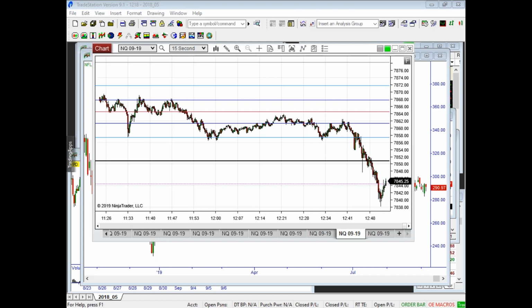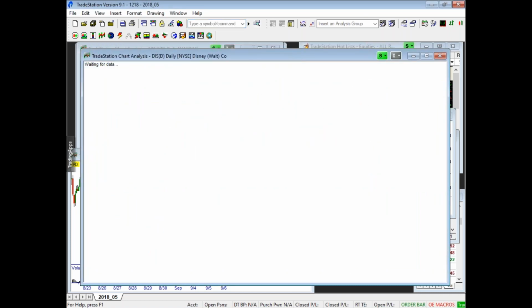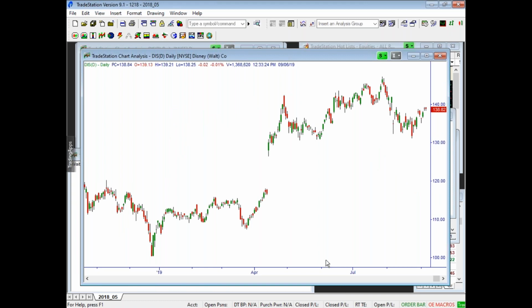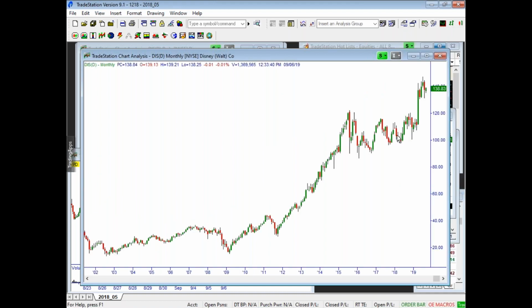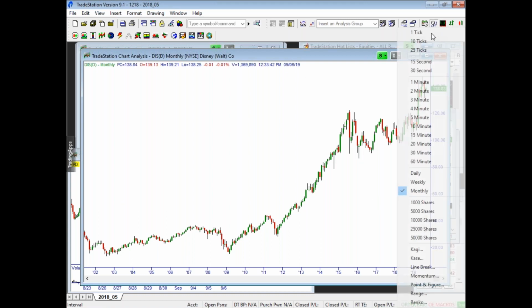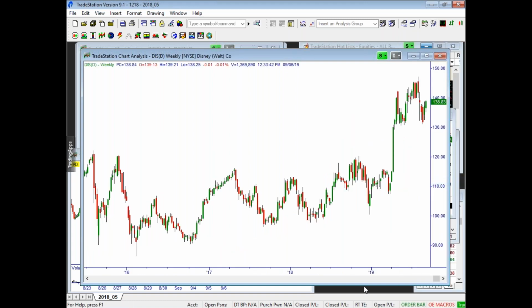Disney. Disney daily can still creep up. It had that kind of momentum-esque reversal type of move, but it's at a level I'm not thrilled about trying to invest in it longer term. I'd probably just stay away from Disney right now myself.